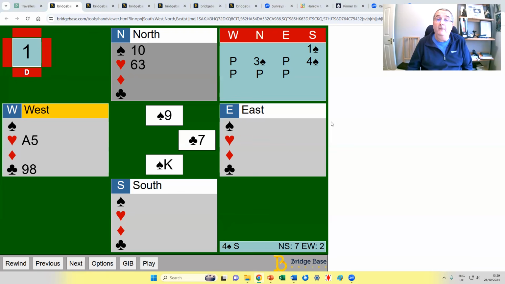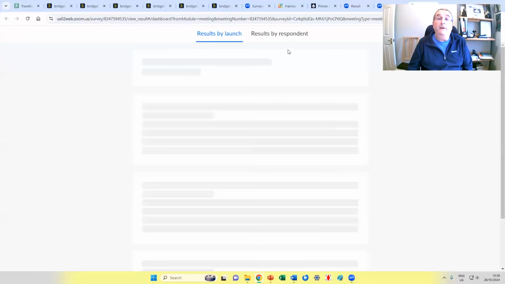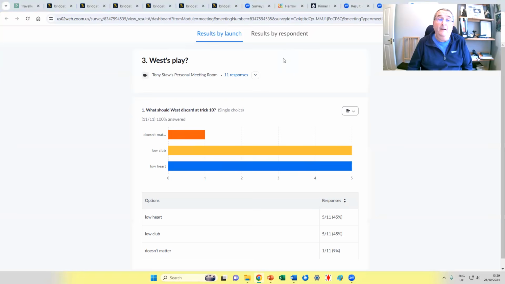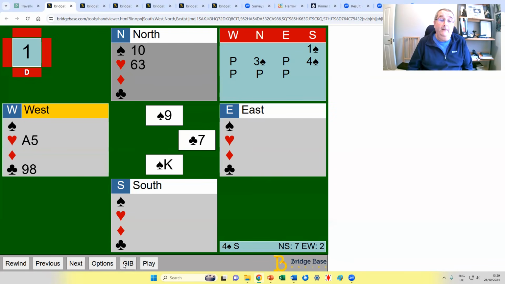So let's have a look at your results. Very evenly divided between a low club, a low heart, or one person said it doesn't matter. Well, if I click briefly on the GIB button, it is telling me that to defeat this contract, I must discard a club. And I'm discarding clubs for a couple of reasons.